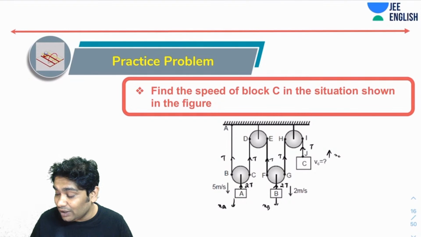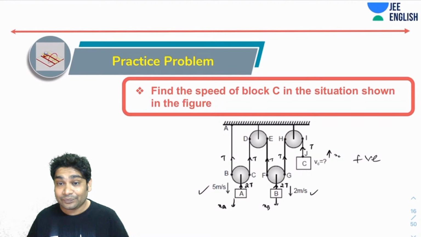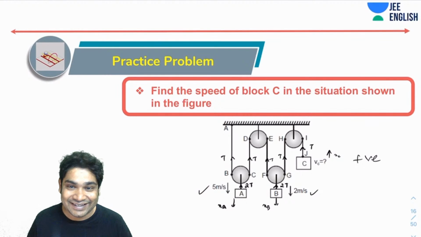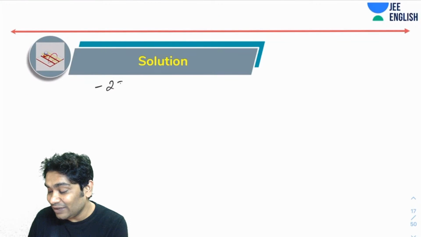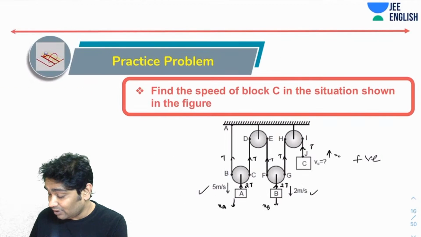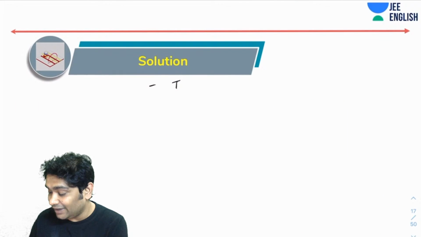Tension would do negative work on these, and positive work on this. What are the works? Yes, Pawan, this is the correct answer. Minus 2T into 5, minus 2T into 2. Okay, let's just stick to xA, xB right now. We will differentiate that later.